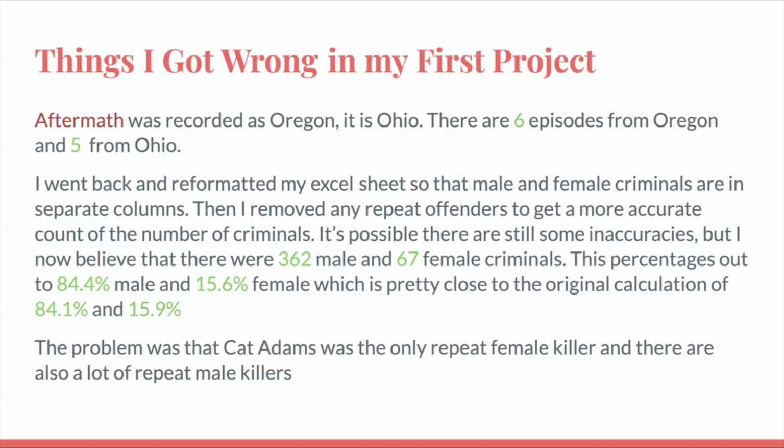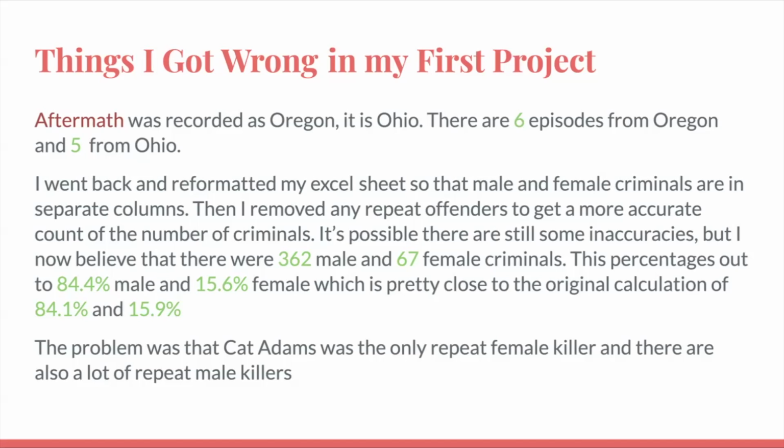I also went back and reformatted my Excel sheet. Well, I didn't reformat, I just copy pasted it and adjusted the male and female criminals so that they're in separate columns instead of one. I did the criminal gender in the worst way possible, but I immediately learned my lesson from that. After I put them in separate columns, I removed any repeat offenders to get a more accurate count of the number of criminals.